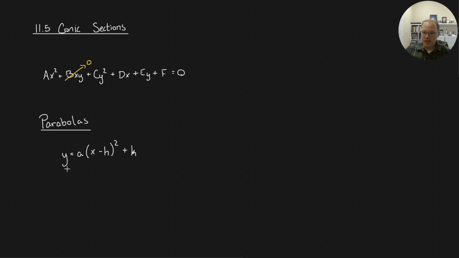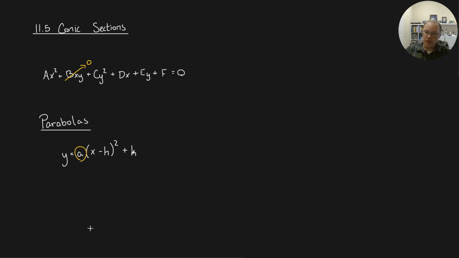So in this case, the y is the non-squared term. If we were to FOIL out x minus h squared, the x would be the squared term. Okay, so this is opening in the x direction. I'm sorry, in the y direction. It's opening either up or down.